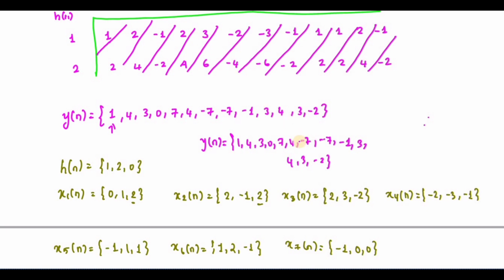So this is how you have to do the problem. So this is the output of the linear convolution, right? And this is the output of the overlap save method.